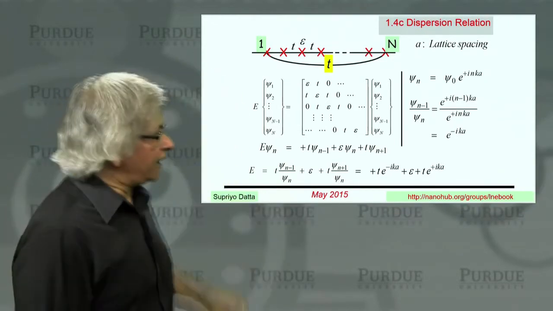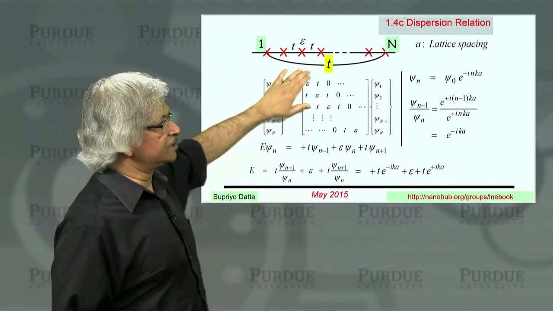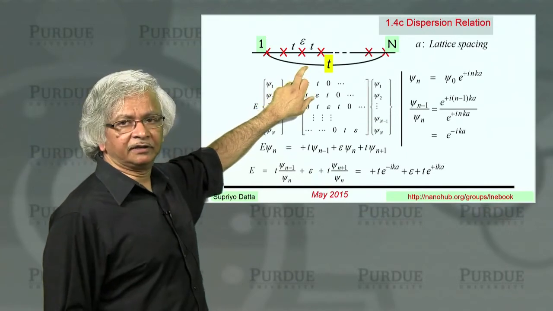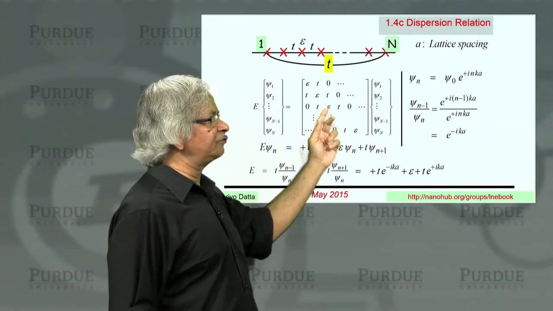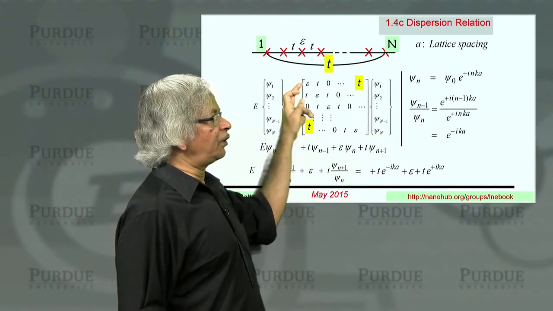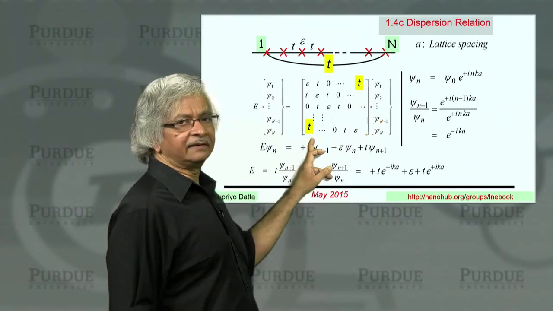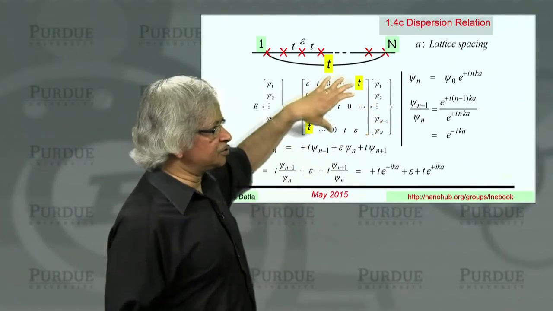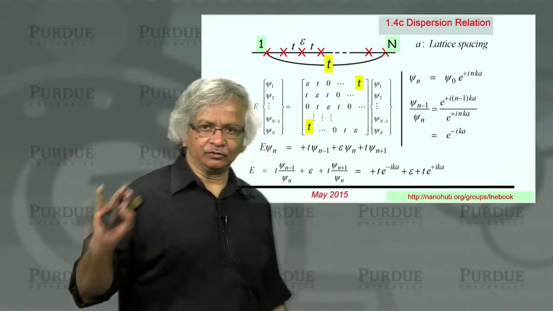Okay? Anyway, for this principle of band structure that we are talking about here, we'll always assume periodic boundary conditions. In other words, as far as this matrix is concerned, what you're doing is taking point n and connecting it to point 1. So it's as if you're adding a t at this end and a t at this end. As long as you do that, whatever we have done is exactly true.